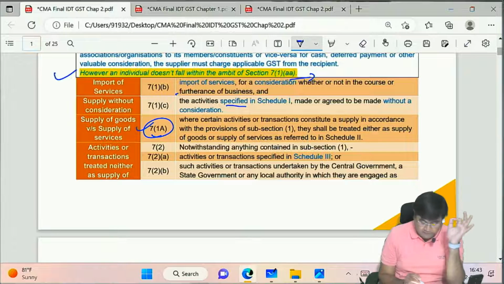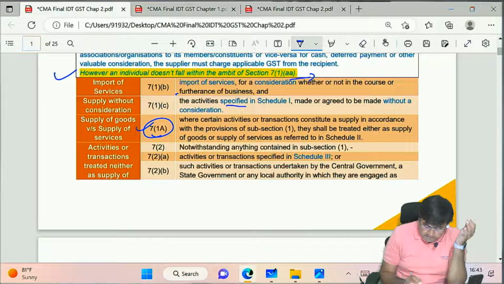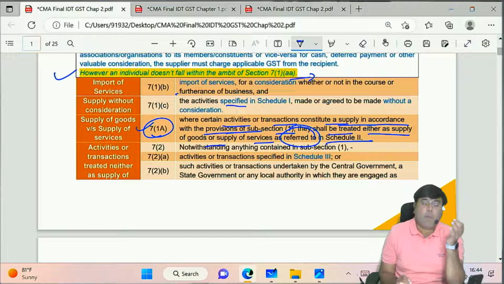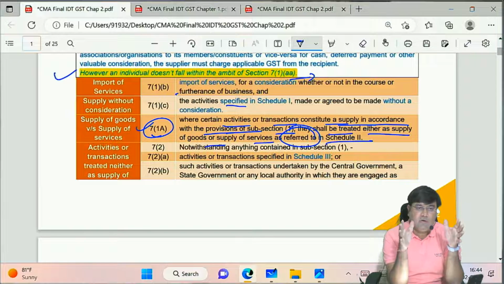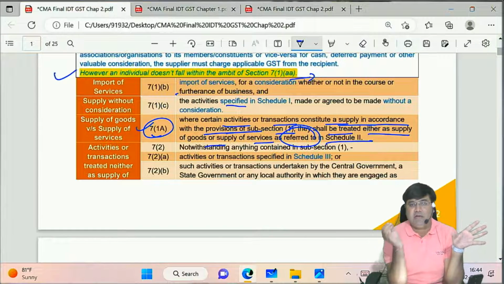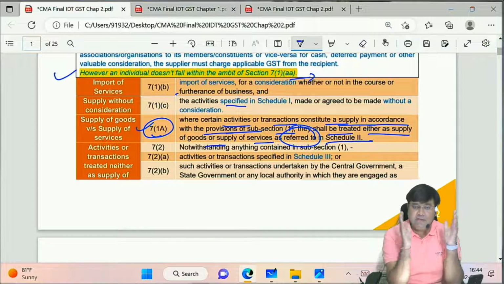Section 7 subsection 1A says where certain activities or transactions constitute a supply in accordance with the provisions of subsection 1, they shall be treated either as supply of goods or supply of services as referred to in Schedule 2. So this is saying, okay, according to section 7 subsection 1, maybe because of clause A, AA or B or C, it is a supply.